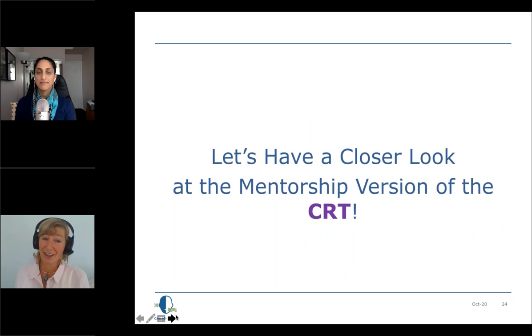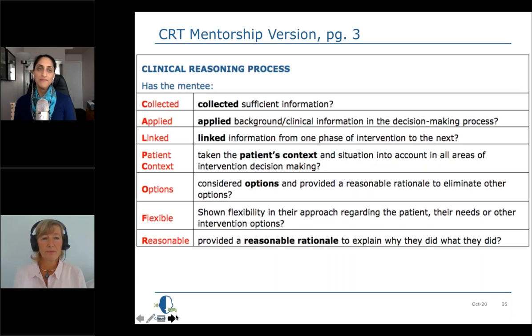Okay, so let's now take a closer look at the mentorship version of the clinical reasoning tool. It's important to note that there are some key processes we're looking for when you are considering clinical reasoning. So you want to ask yourself, has the mentee collected sufficient information?